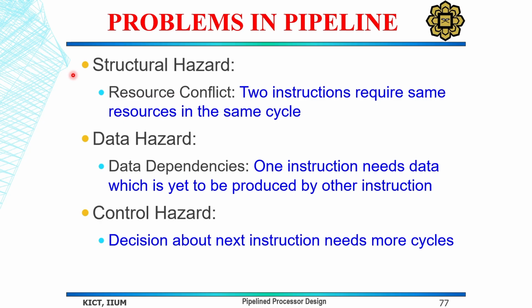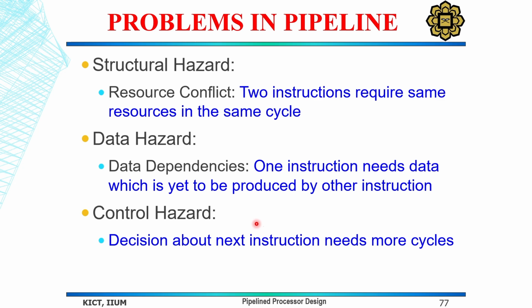Number one is the structural hazard. Then we have data hazard, and third is control hazard. So what is structural hazard? This is a resource conflict. Two instructions may require the same resource in the same cycle. So in that situation, structural hazards occur.